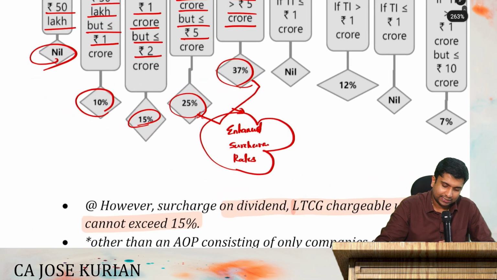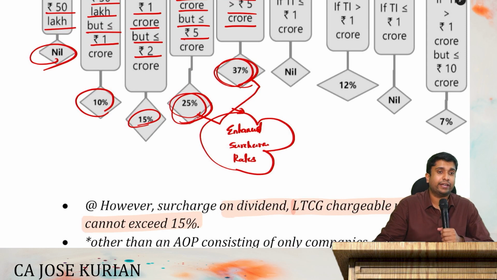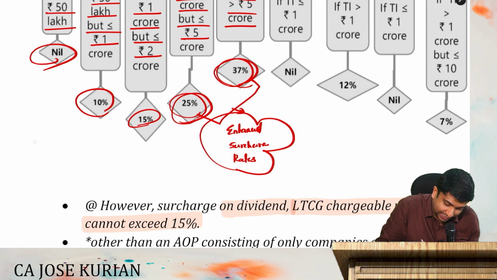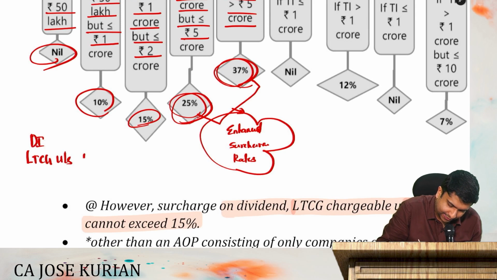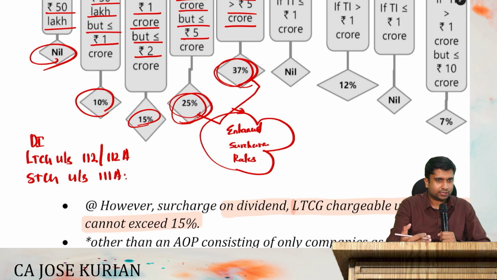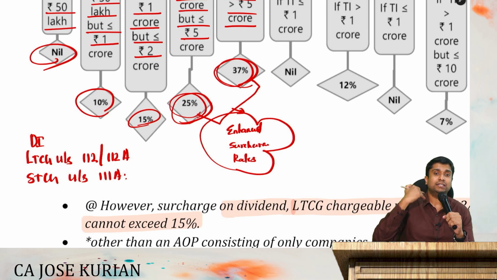That means this enhanced surcharge rate of 25% and 37% is not applicable for dividend income, long-term capital gain under section 112 or 112A, and short-term capital gain under section 111A. What do you mean by this? For these incomes, the maximum surcharge liability will be 15%.